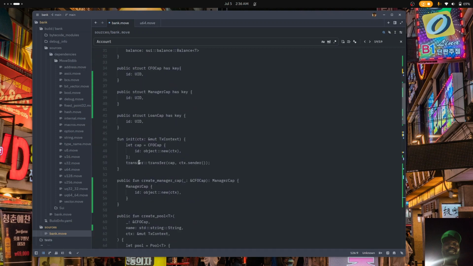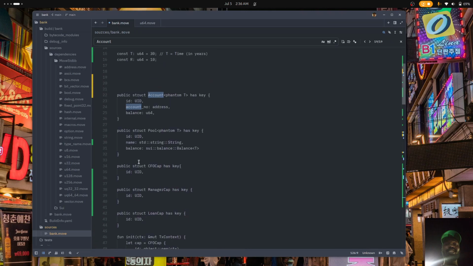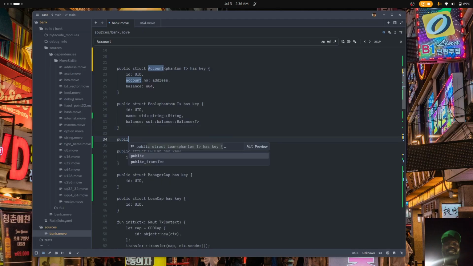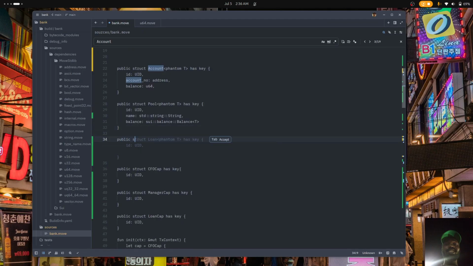Alright, so basically loan struct, okay.